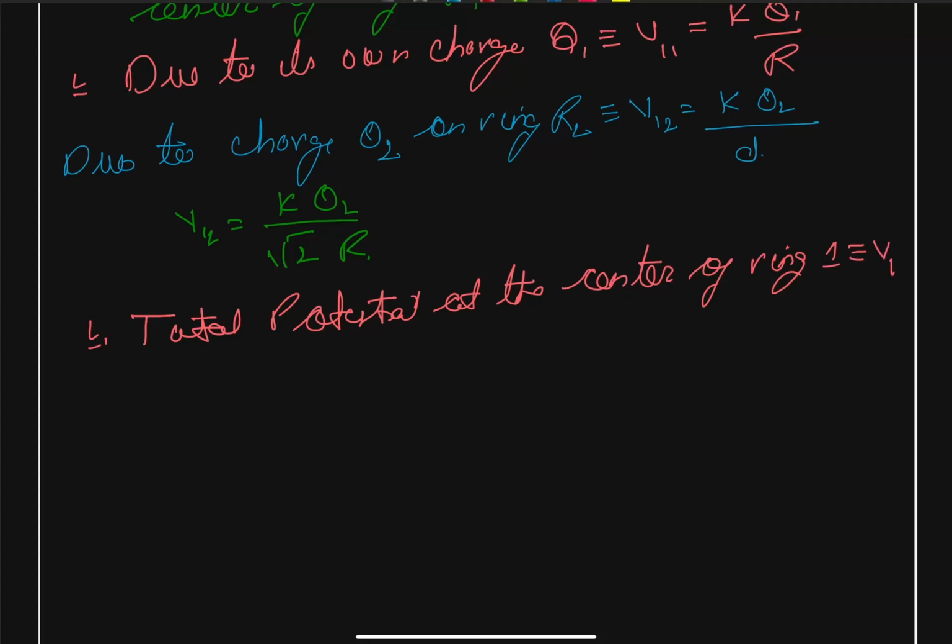Then this V1 will be equal to V11 plus V12, and V11 is our K Q1 by R plus V12 is K Q2 upon square root of 2 multiplied by R. And similarly, we are going to sort it out for ring 2 also, same method.